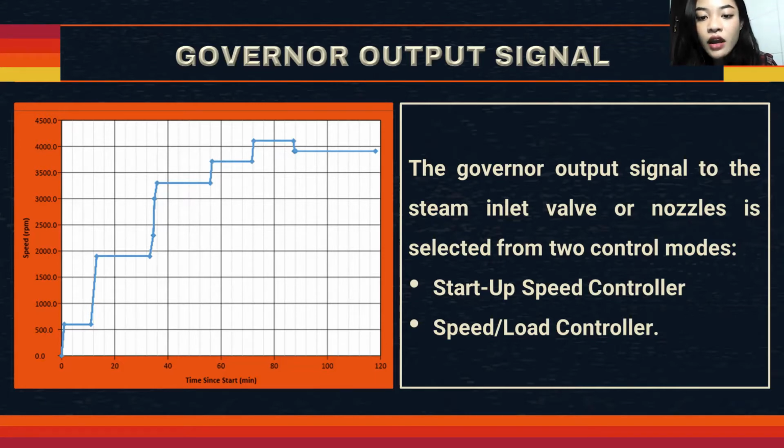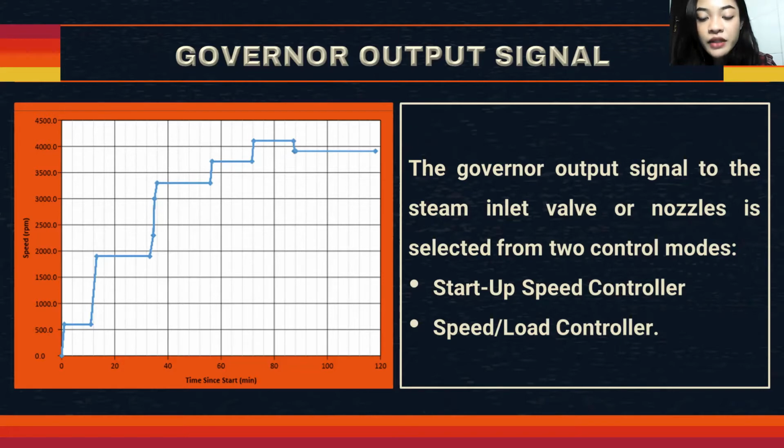In this region, the governor ramp rates are increased to provide more rapid acceleration through the critical band, and that minimizes the level and duration of critical speed induced vibration.